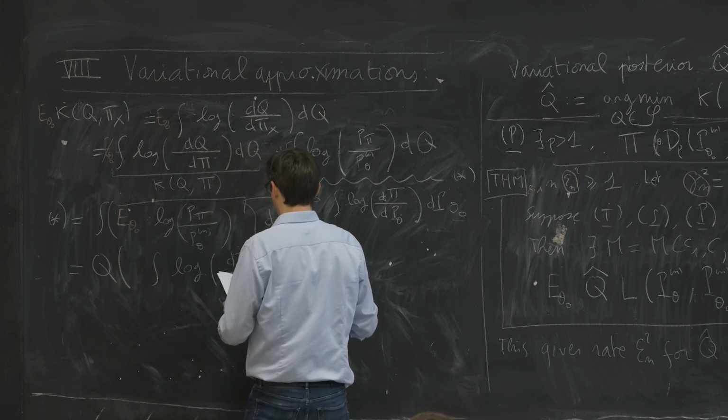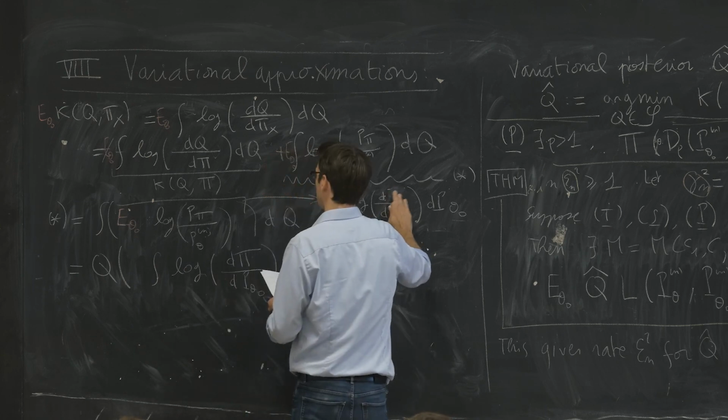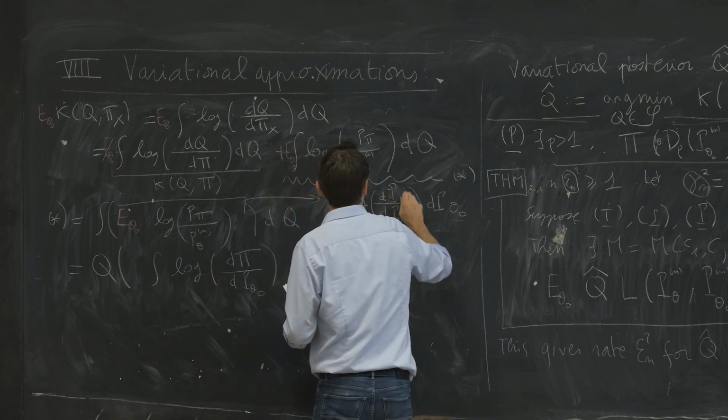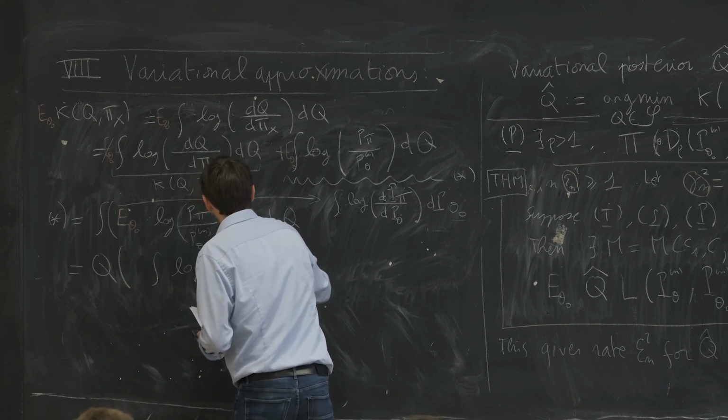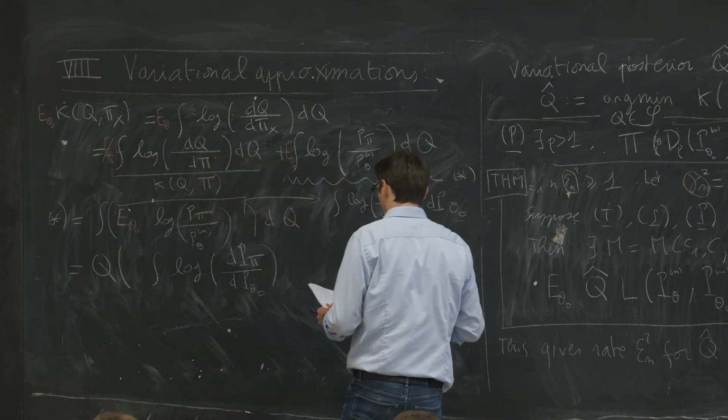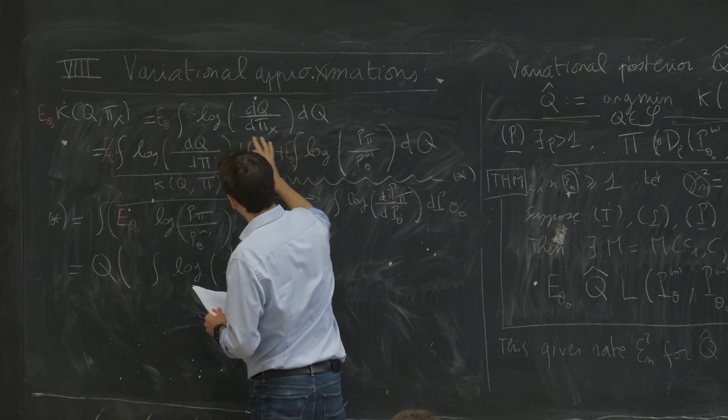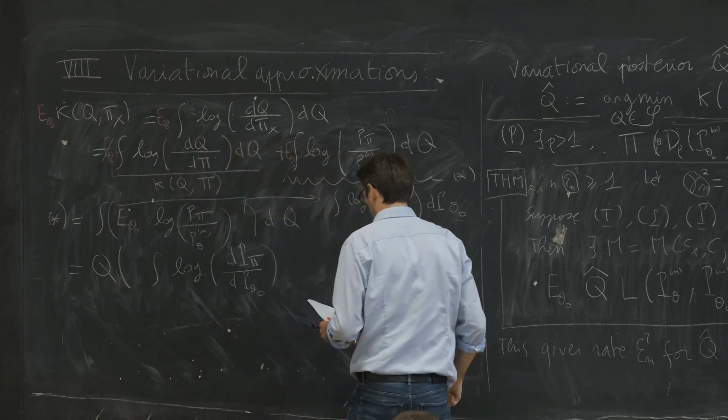So here I mixed up the notation a little bit. It's dp pi, sorry, which is the marginal density of x, not pi. Pi we have already dealt with, it's here.